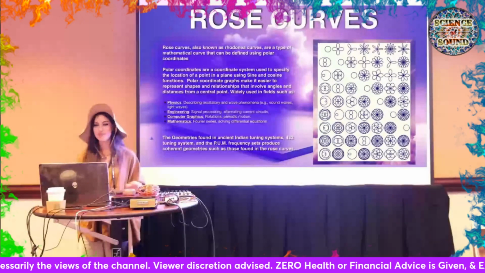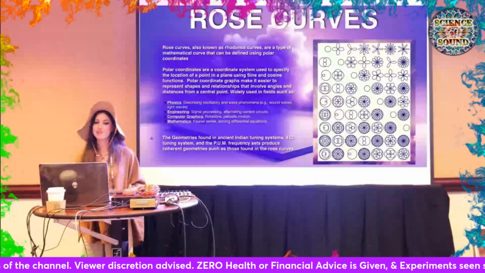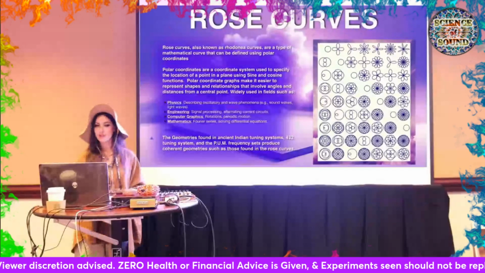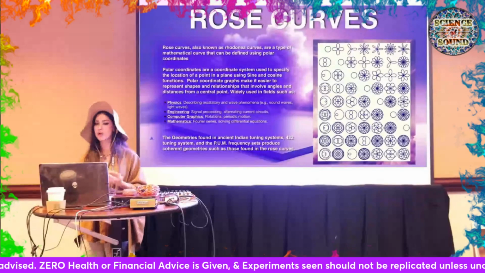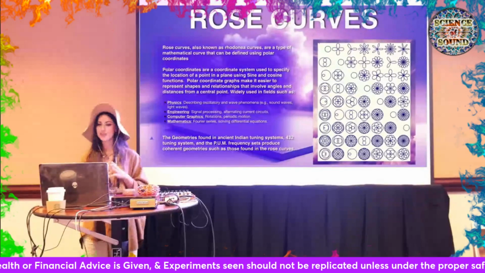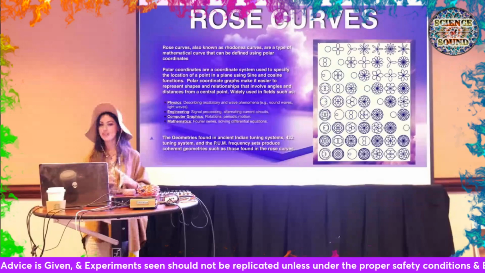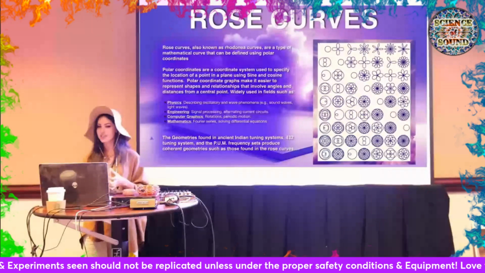Just to go over the way these are mapped, they use polar coordinates, the coordinate system used to specify the location of a point in a plane using sine and cosine functions.